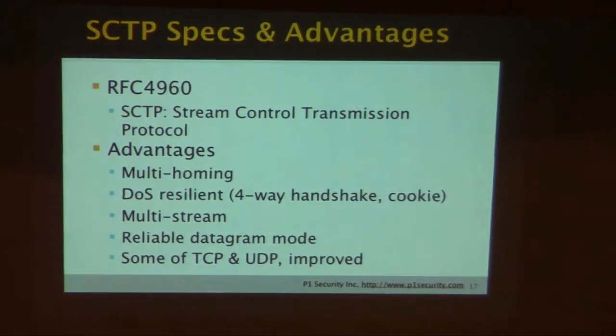So there's a nice specification, which is RFC 4960, which specifies SCTP, which is something you may have heard about in Linux kernel exploitation. Because look at the RFC, it's so complex. You see, oh yeah, there must be something bad in there.